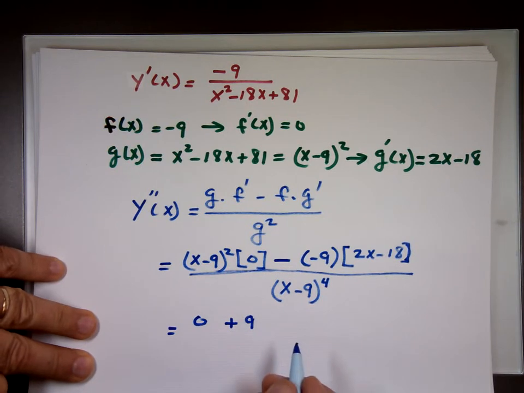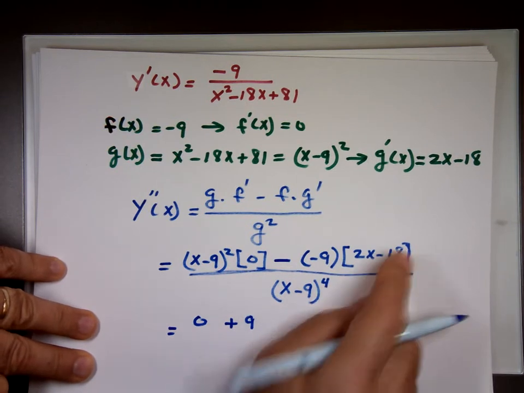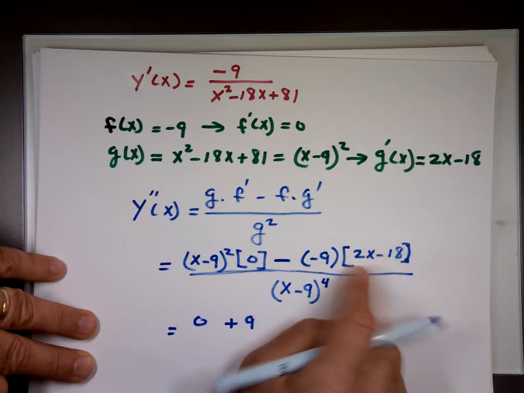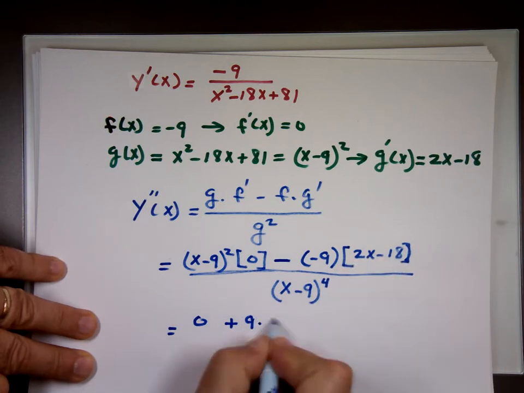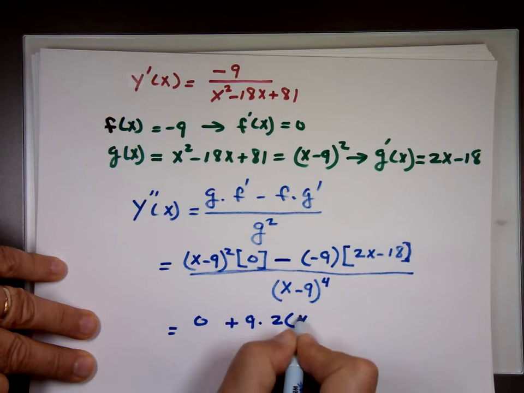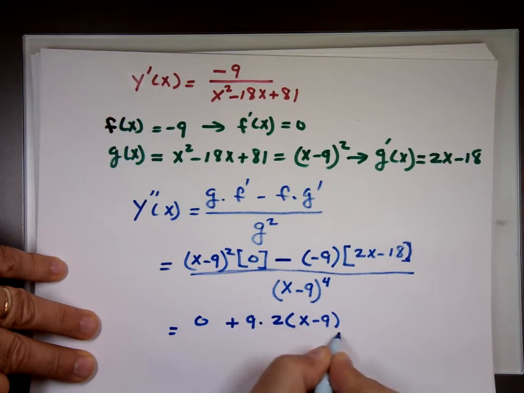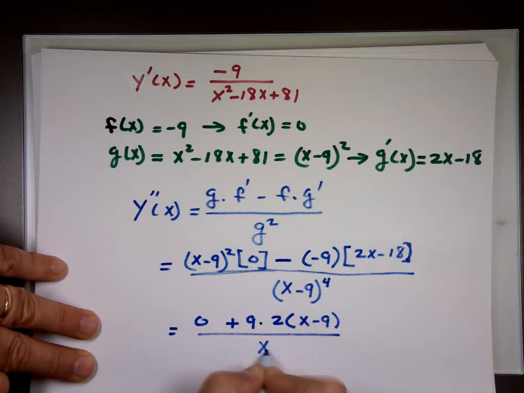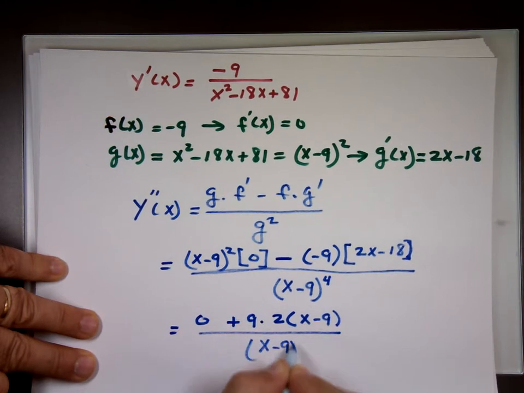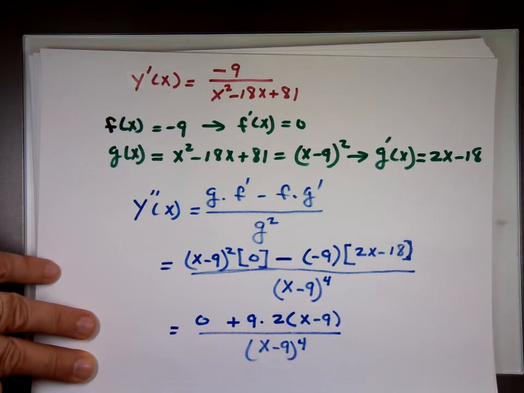Let's look at 2x minus 18. What can you do with that? Factor out a 2. Yep. 2 times what? X minus 9. So I took a 2 out of that.